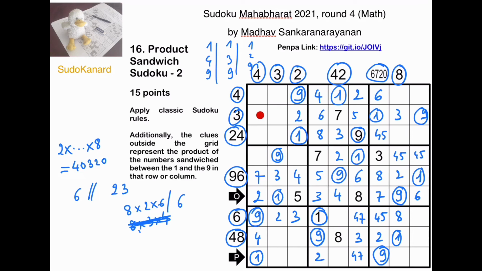Here 8 and 4. There's a 4. That's an 8, that's a 6. 5 and 3. There's a 3 here. 7 and 6. This 5 gives this, and that's 2 and 7. Up there 5 and 8.